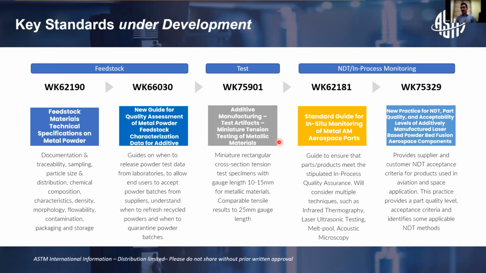Right now we have different machines which can capture the process and understand what's going on during the process. But now we are moving to a stage where this in situ monitoring data can be used to calibrate the process in the run itself, which means while the process is going on, we can make corrections. So these are some of the standards currently under development which are very valuable for aerospace applications.